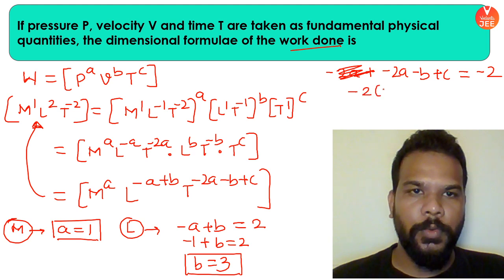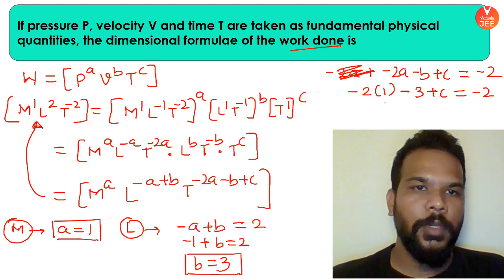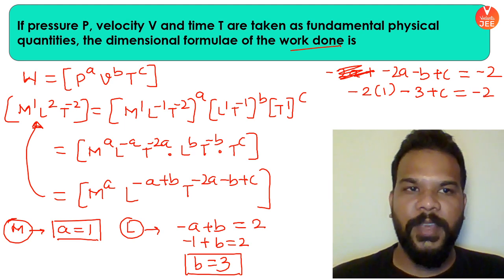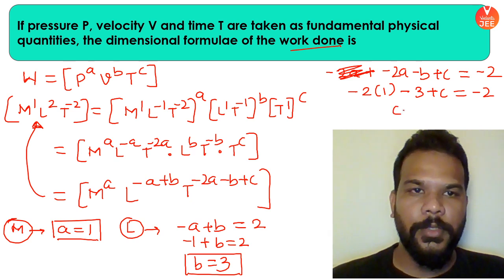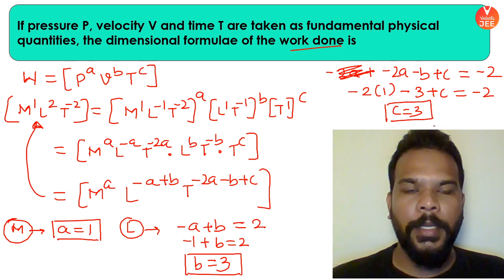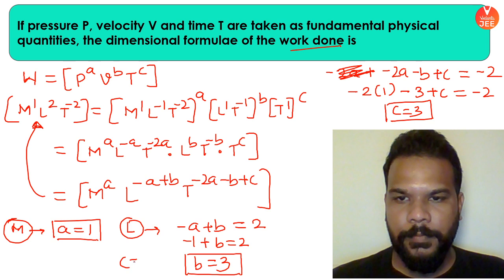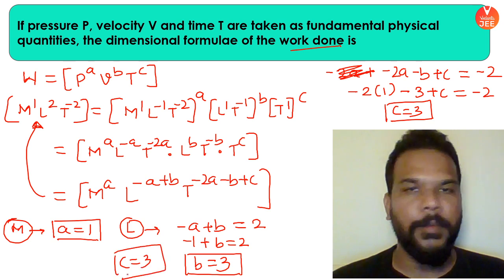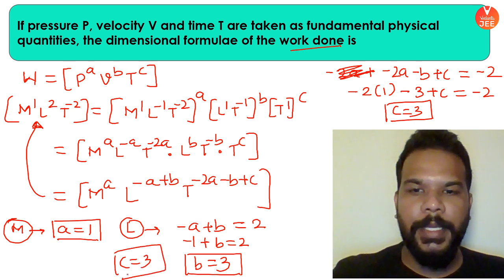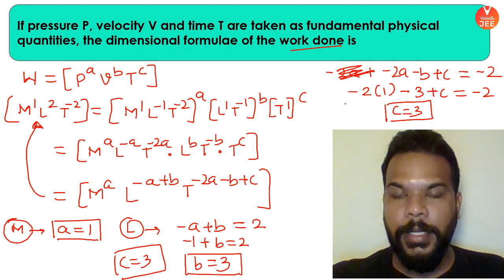So minus 2 into 1 minus 3 plus c equal to minus 2. So left hand side is minus 5, it goes to the right hand side, becomes plus 5. Plus 5 minus 2 is 3. So c equal to 3 is what I get. Okay, c value comes out to be 3. So a is 1, b is 3 and c is also 3.